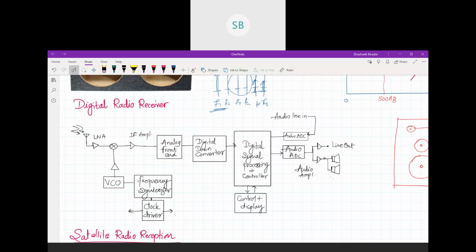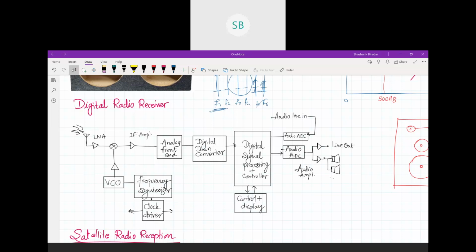The digital radio mondiale extension: here the OFDM modulation technique is used over the AM band. The second type is AM in-band on-channel, AM IBOC, which is used for HD radio as well as digital radio. The third one is satellite radio. So there are certain applications.